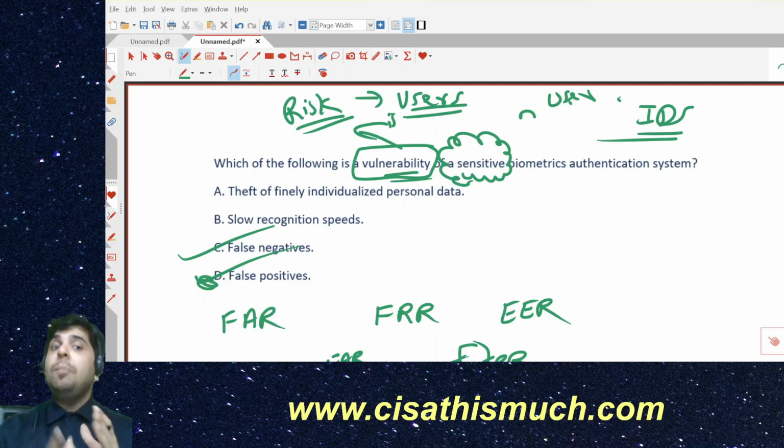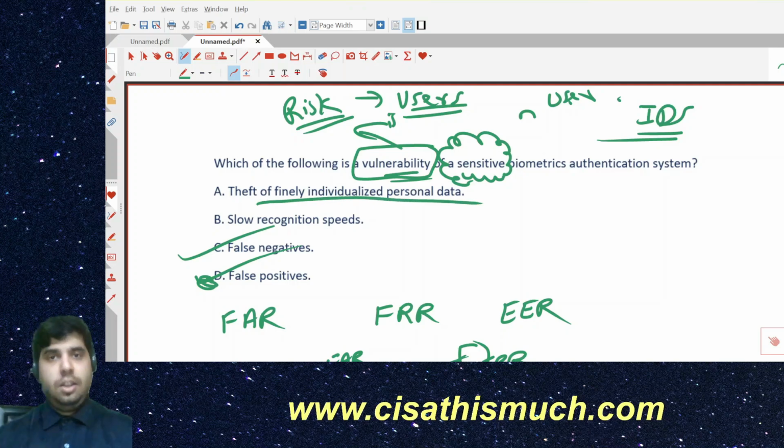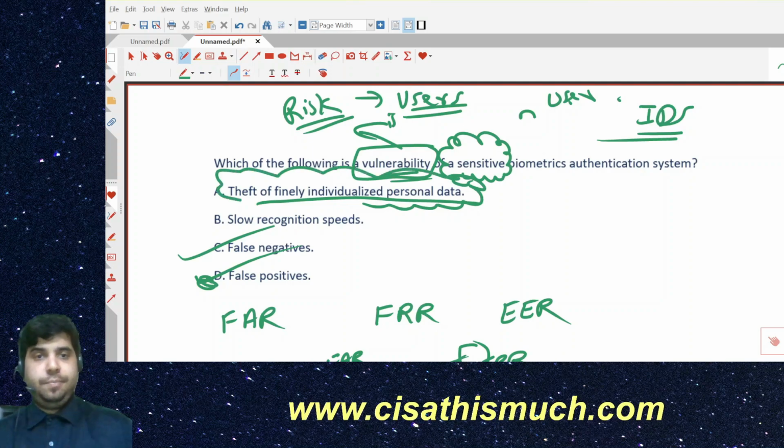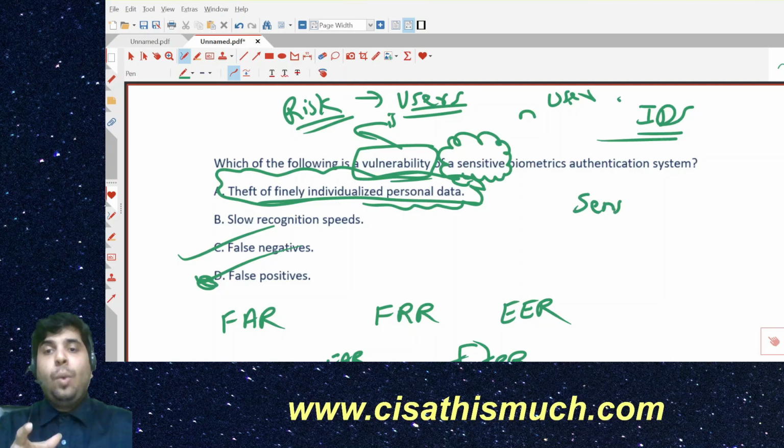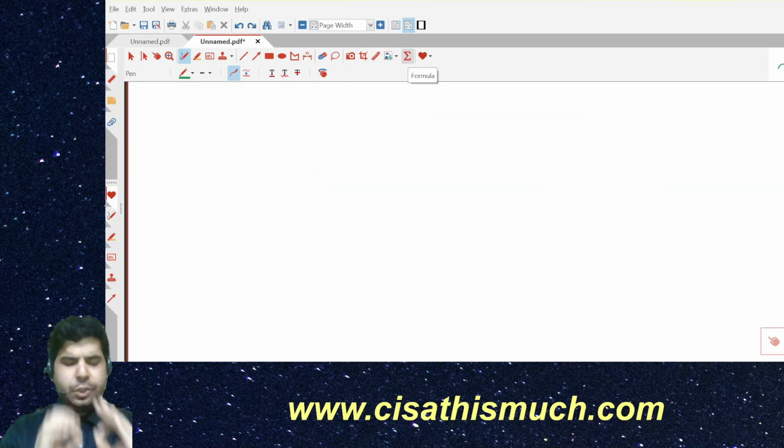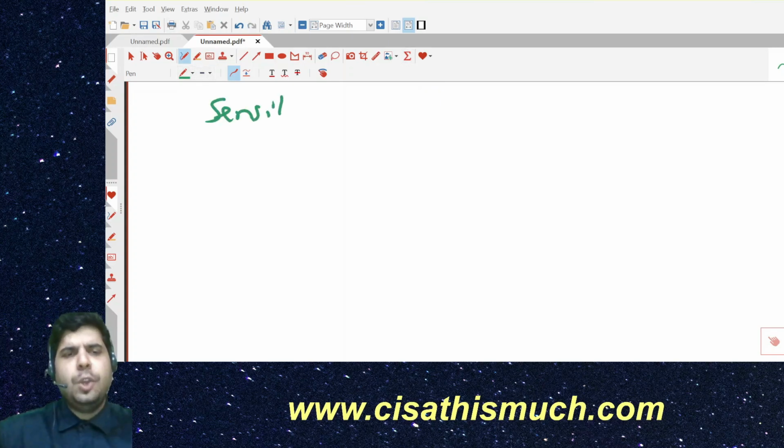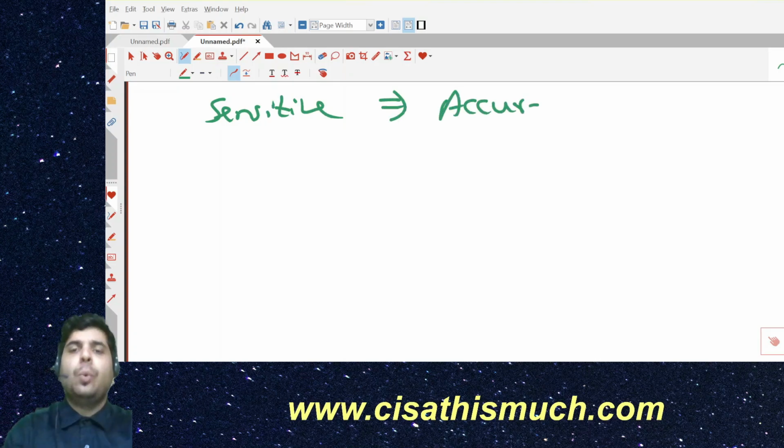But in the review manual, they have discussed least user acceptance because of theft of finely individualized personal data. That's why it's least user acceptance. When they say sensitive, what I'm trying to discuss is that when we use the word sensitive, we are saying something is accurate.